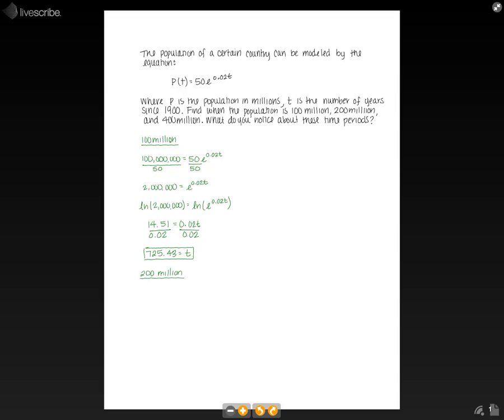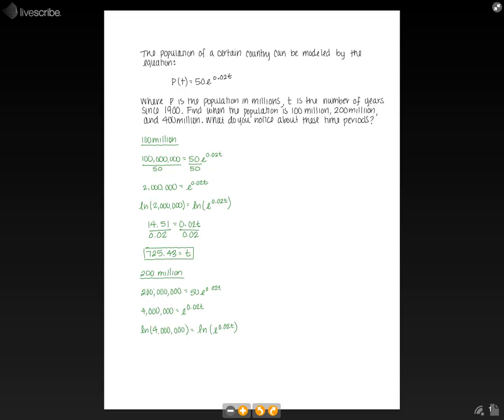We're going to do the exact same procedure. So we have 200 million equals 50 e to the 0.02 t. Divide both sides by 50, and we end up with 4 million is equal to e to the 0.02 t. Then we take the natural log of 4 million, set that equal to the natural log of e to the 0.02 t.